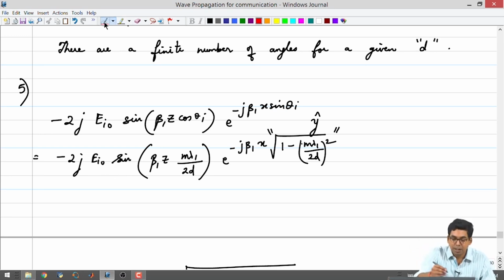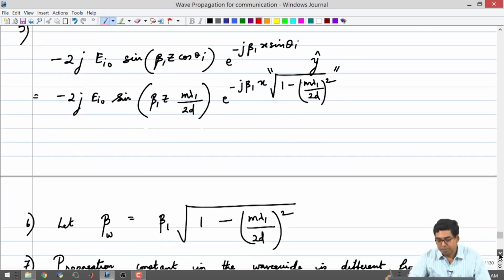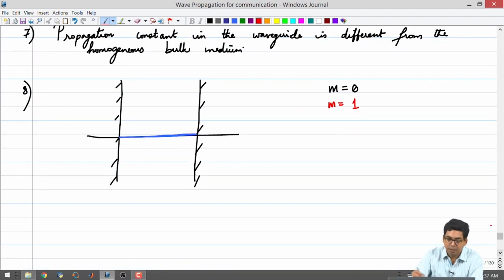So, here what you will end up seeing is an electric field pattern like this. At the edges of the dielectric conductor interface, you will have 0 fields corresponding to the boundary conditions. In the middle, you will have a maximum value of the electric field.